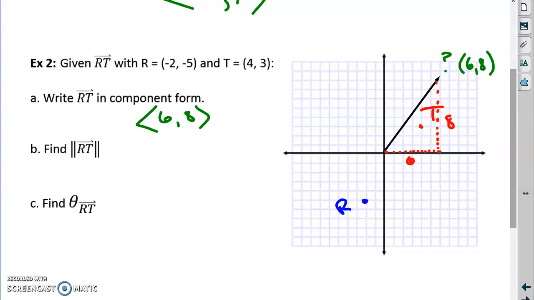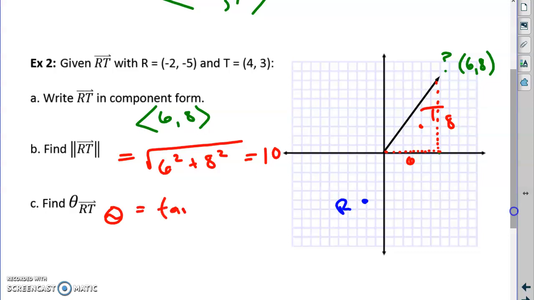So we can simply use the Pythagorean theorem, or take the square of each of the legs, add them together, and take the square root. That vector is 10 units long. And to find the direction, we can take the tan inverse of y over x. And again, that works out to be about 53 degrees.